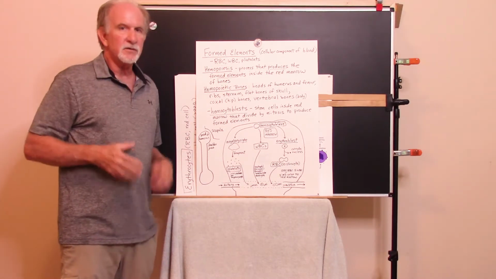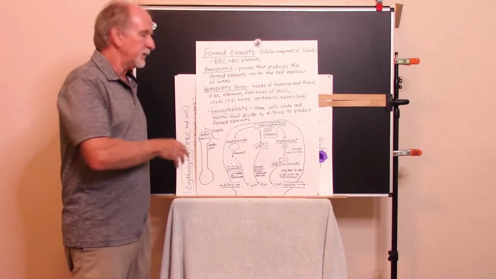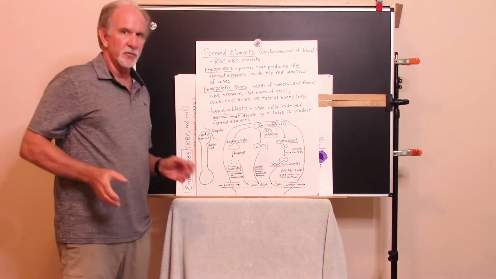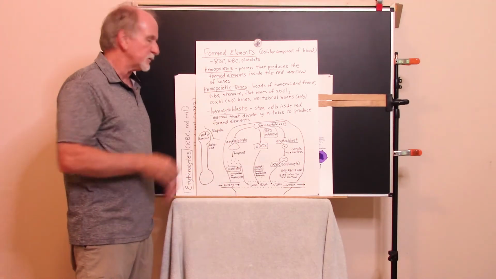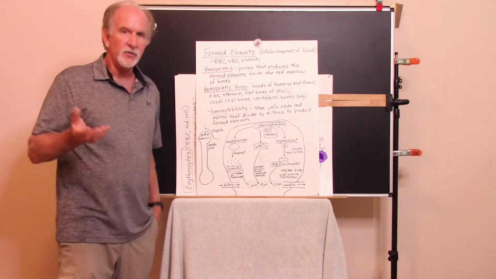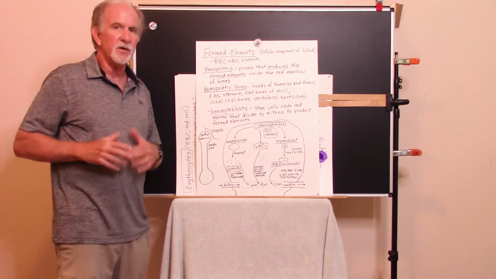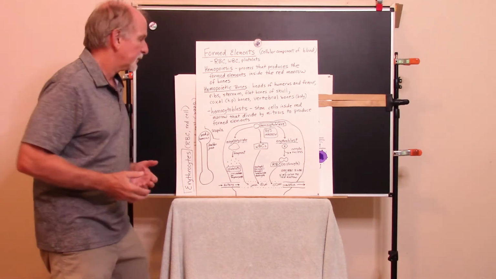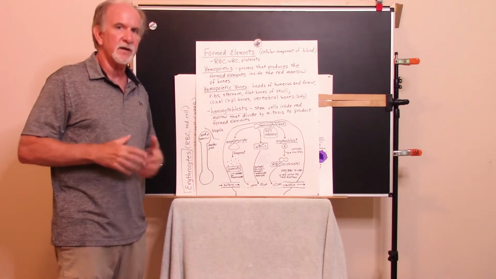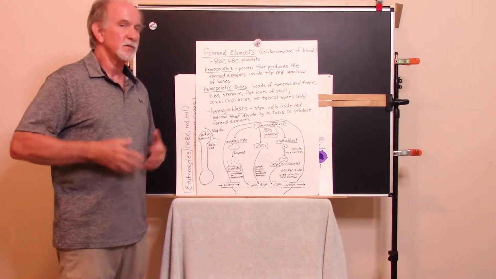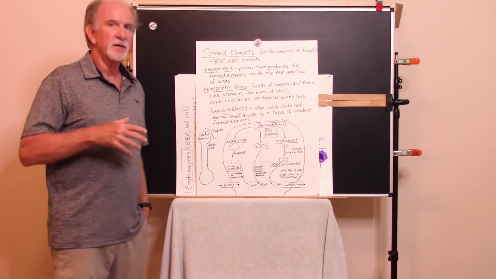So red blood cells are red in color, and because they are so much more numerous as compared to the white cells, they give color to the red marrow. Hence, we call it the red marrow, because the overall color is that of the many red cells that are formed.